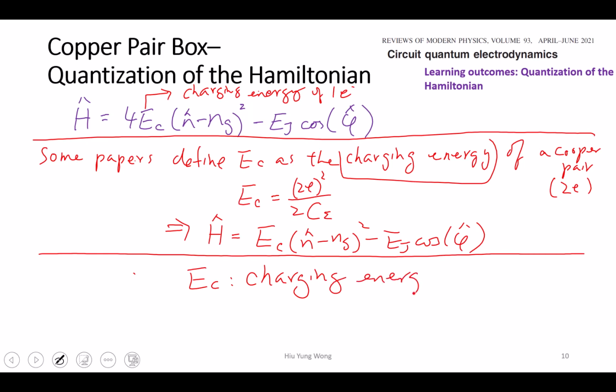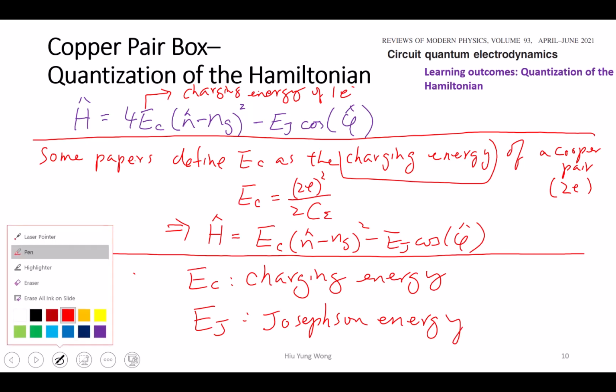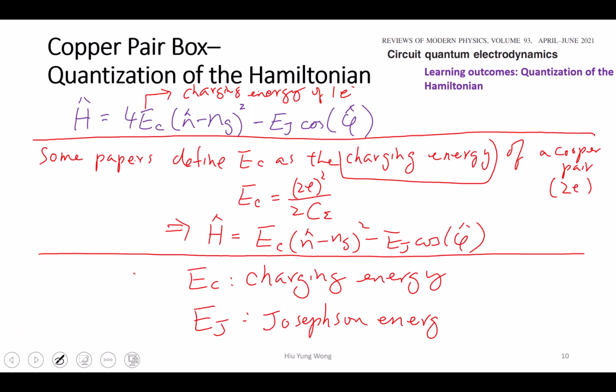This is the most basic thing when you talk about the Cooper pair box or superconducting qubit. And then the Josephson energy. These 2 energies are going to change many things and also change the type of qubit you have. And when you are doing the energy participation ratio, you are going to use this also. Okay? Any questions?